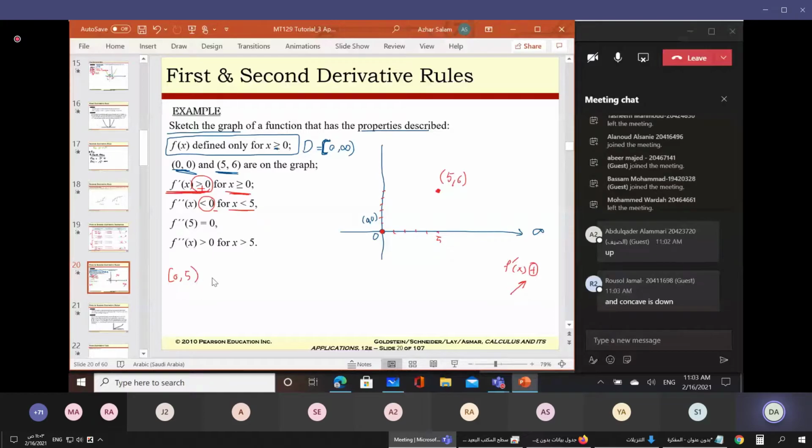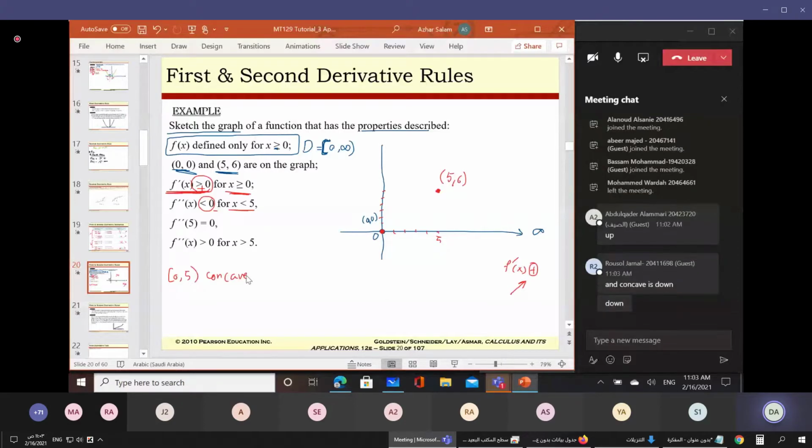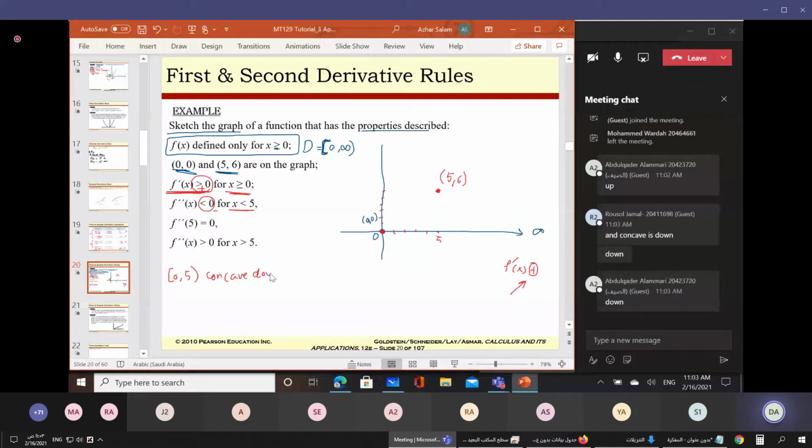So will the concavity be up or down? Yes, it will be concave down, like this. Concave down.